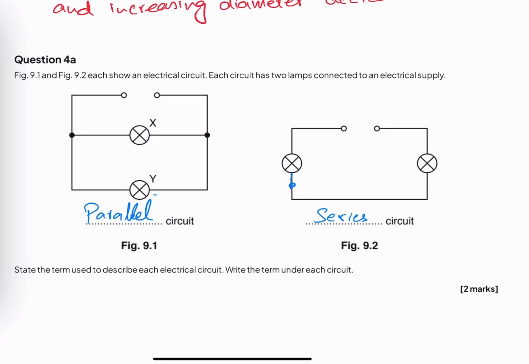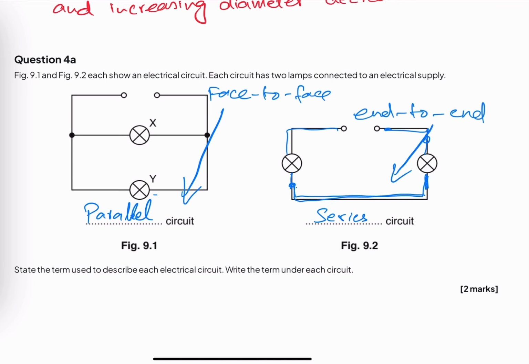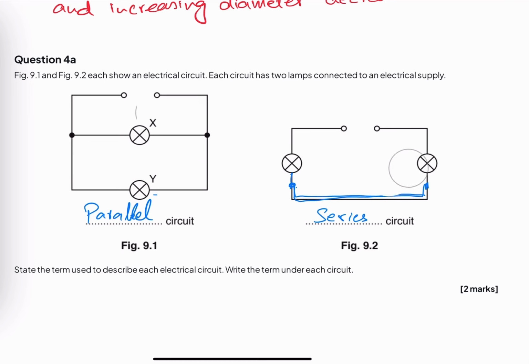This is one end of the lamp, and where one is ending, it's the starting point of the second, and there is the other end and there is a power supply end. So this is called end to end, and this we can say face to face in a parallel combination. So the answer is series and parallel.